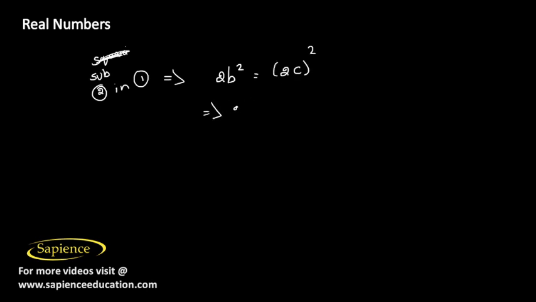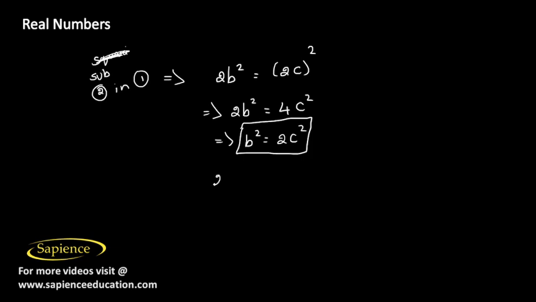That gives us 2b square is equal to 4c square, which means b square is equal to 2c square. Again, b square is equal to 2 into some other number. So 2 is a factor of b square, so 2 is also a factor of b.